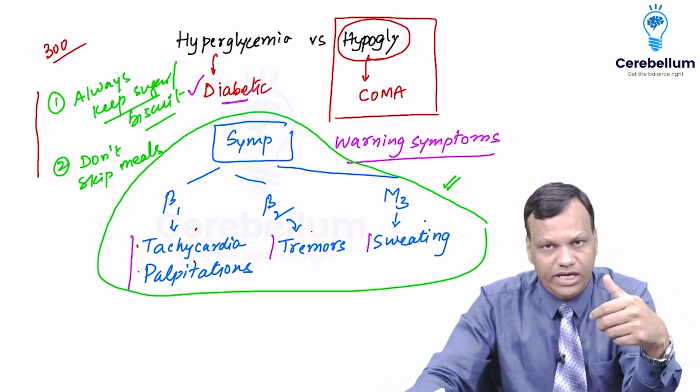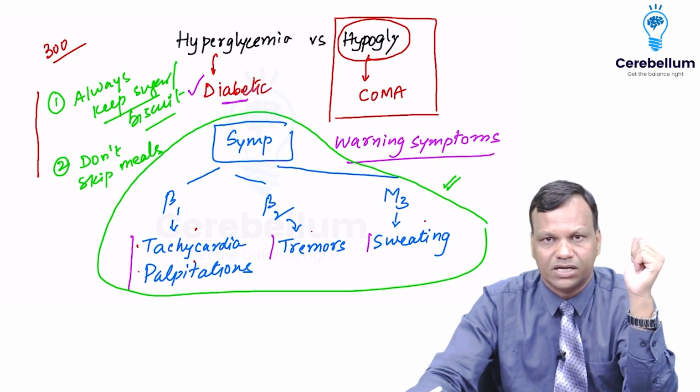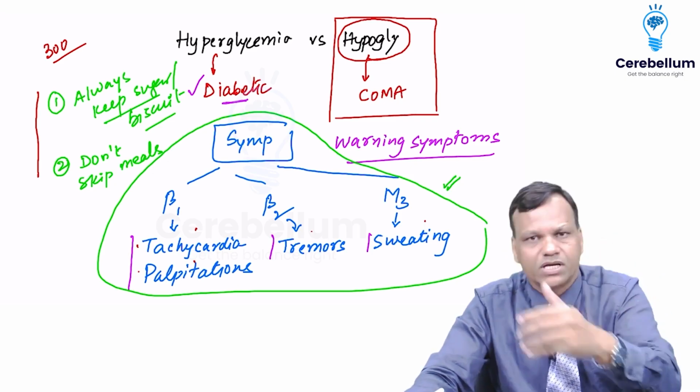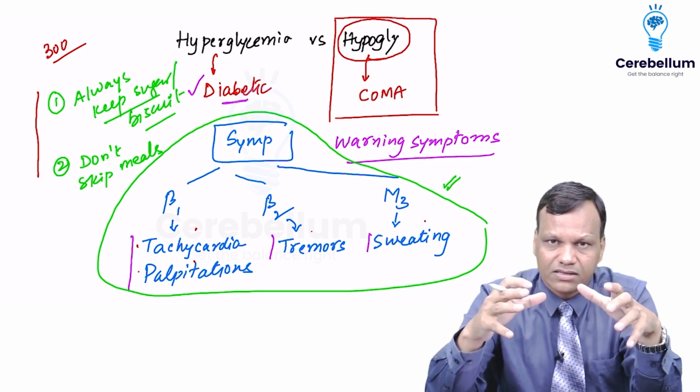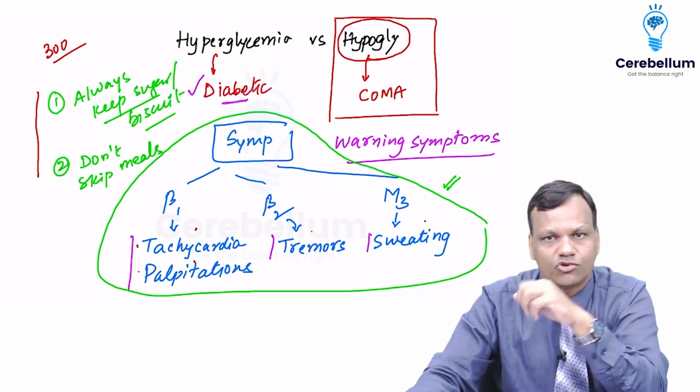If a person does not take sugar or food, even when having hypoglycemia, will the person go to coma? Yes, the person should, but still the person does not go to coma. Why? Because nature has made it such that the doctor's mistake should not be borne by the patient. So what happens?